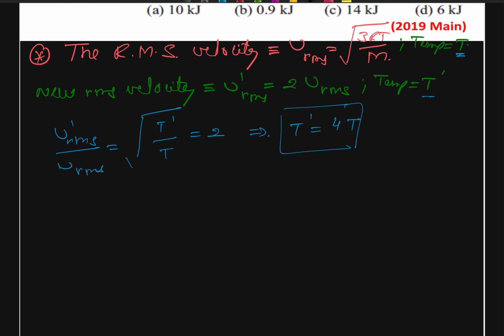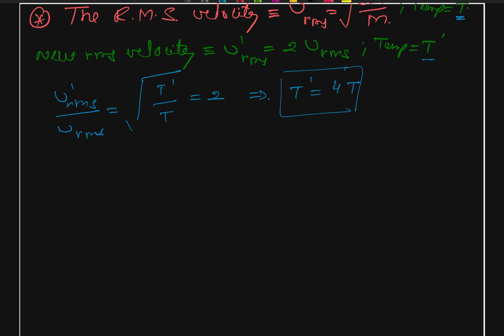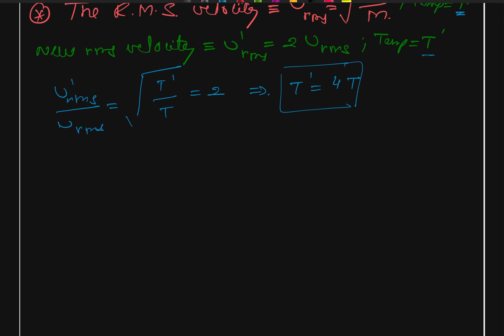Okay. And the initial temperature is given to us. Initial temperature, that is T, is given to us as 27 degrees centigrade, or we can say 300 Kelvin. Therefore we can say our final temperature, which is T prime, will be 4 times 300, which gives us 1200 Kelvin.